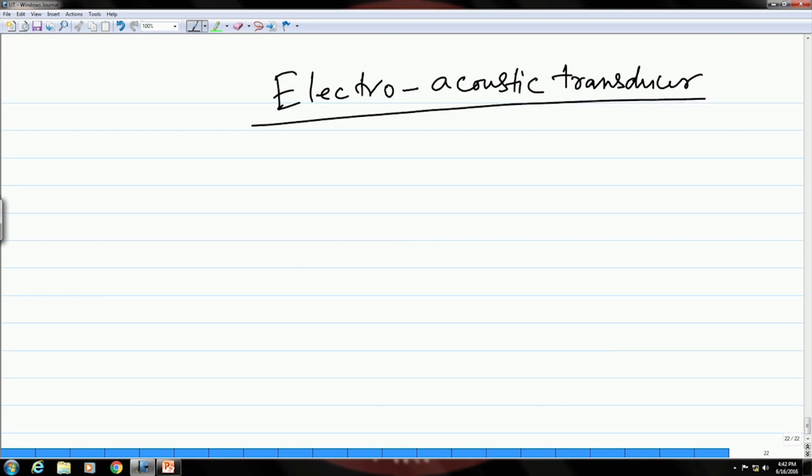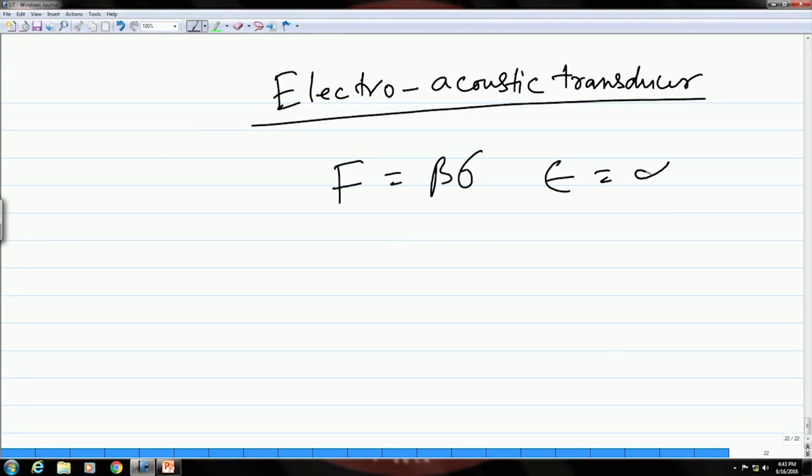And these two constants that we just now introduced, that is alpha and beta, these are the acoustic properties of the element which will control this electroacoustic transducer. Okay.